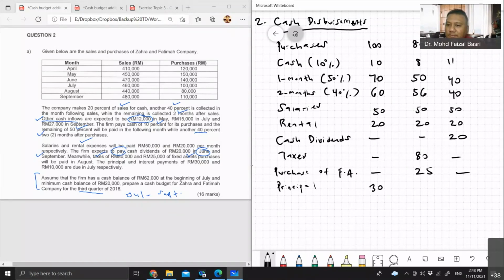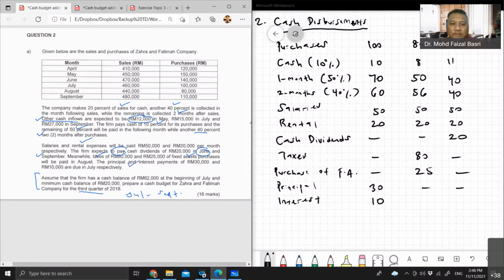So in July, 30,000 is the principal, and the interest is 10,000, also in July. Okay, so that's done for the interest section and also the principal. So we've done the second paragraph. Okay, the second paragraph done. As I said, when you see the words cash balance, minimum cash balance, that's our third section, the cash reconciliation. So therefore, we know for sure we've covered everything.